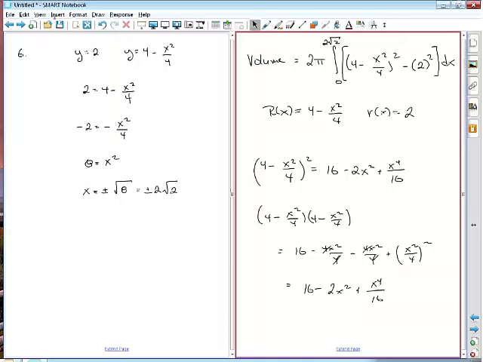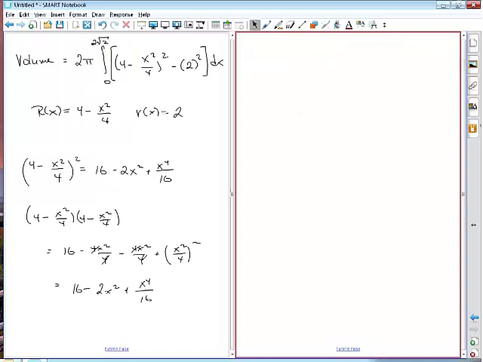So let's just plug those into the integral. So our volume again is equal to 2 pi times the integral from 0 to 2 times the square root of 2, and we'll have 16 minus 2x squared plus x to the 4th over 16, and then we subtract 4, which is 2 squared.